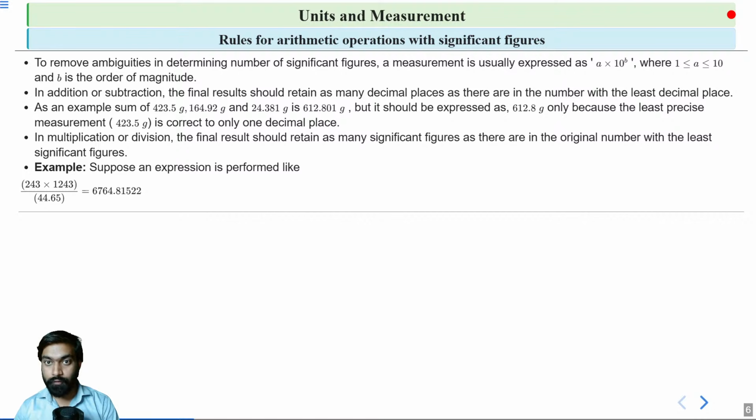So the fewest significant figures are with 243, which is 3. The exact answer of the calculation is 6764.81522. Clear?